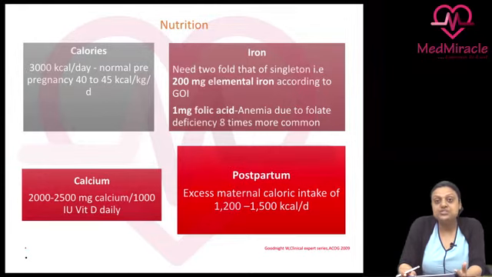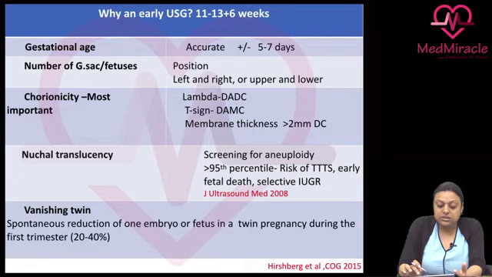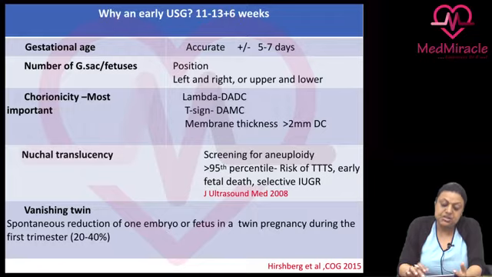Also, the nutritional requirements have to be increased in case of twin gestation. The most important thing in the scans done for twin pregnancy is the determination of chorionicity and also establishment of the nuchal translucency of each of the fetuses, because that will be the marker of developing further complications.